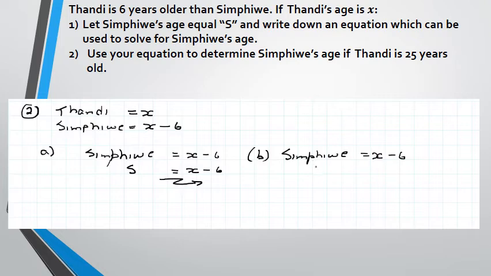Now Tondi has an age value given to it, to the value of 25 years of age. So therefore x becomes 25 minus the 6. So Simpiwe's age is 25 minus 6, which gives a value of 19 years of age in that particular case.